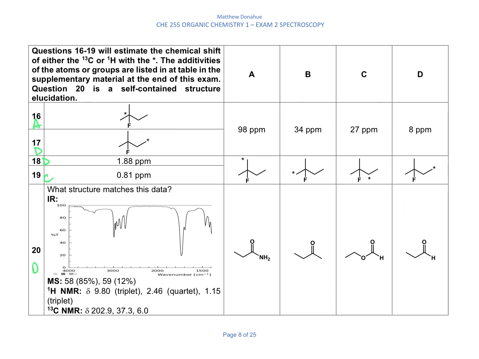Our next run of questions is regarding more spectroscopy and additivities in carbon-13 and 1H, and another structure elucidation. So question 16 is asking, what is the chemical shift of the carbon with the asterisk? That is the carbon that's bearing an electronegative fluorine.